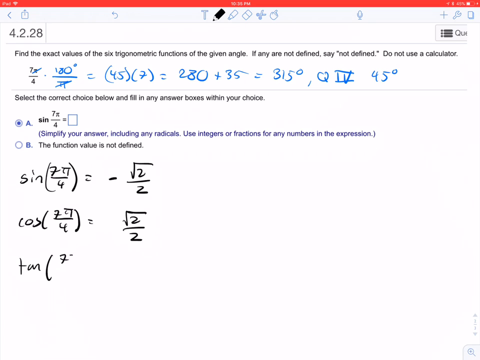Tan of 7 pi over 4, so that's like a sine over cosine, so that's going to be negative 1. Then cosecant 7 pi over 4, it's just negative root 2.